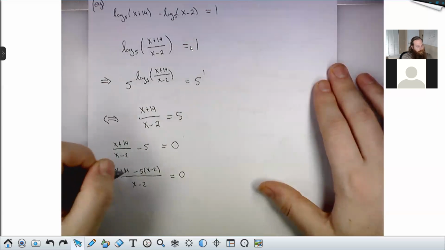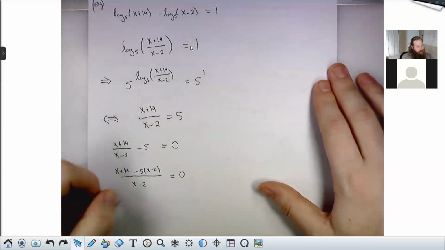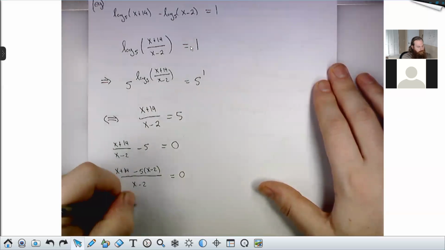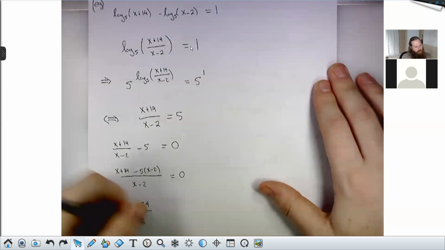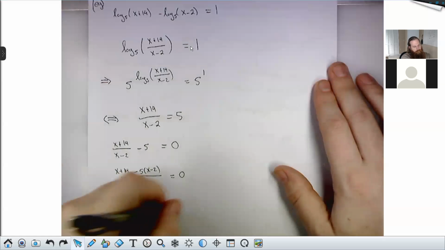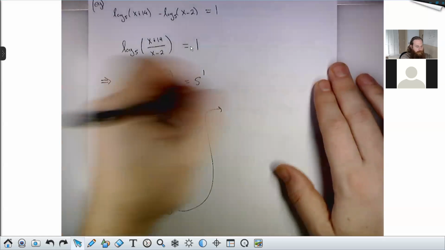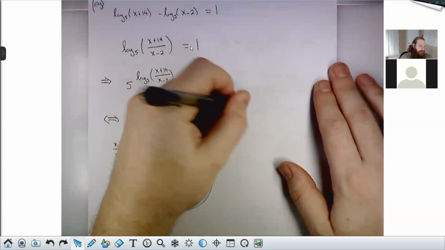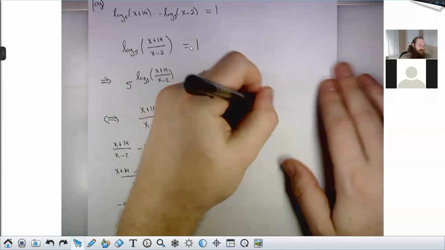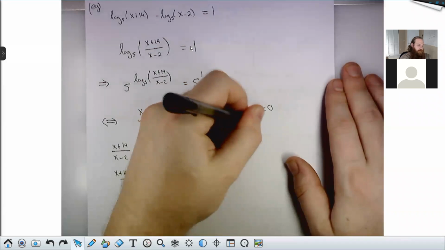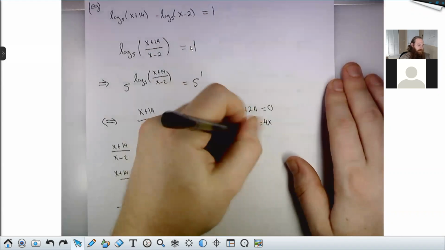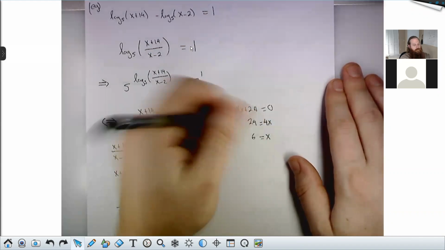So that's x plus 14 minus 5x plus 10. That's minus 4x, and then 14 plus 10 is plus 24 over x minus 2 equals 0. So that means negative 4x plus 24 has to be 0, or 24 has to be 4x, which means 6 has to be x.